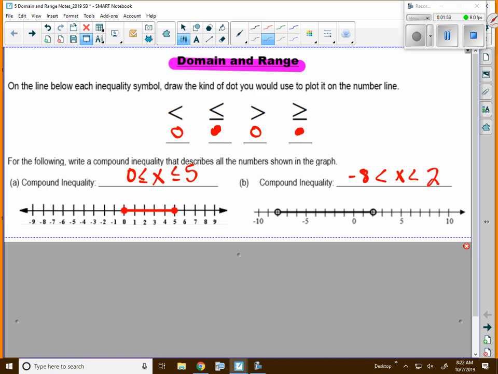So you could say negative 8 less than x less than 2, or you could say x is between negative 8 and 2. Does it include negative 8 and 2? No. So negative 8 and 2 are not included because we don't have a closed circle here. But in part A, would you include 0 and 5? Yes, because there's a closed circle there, meaning it's also equal to.